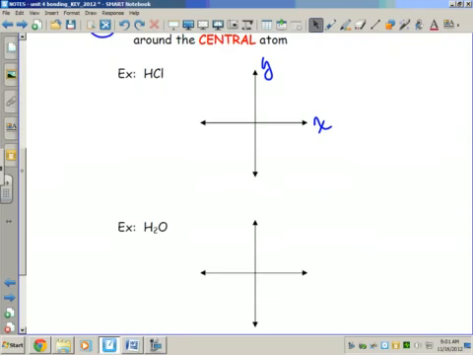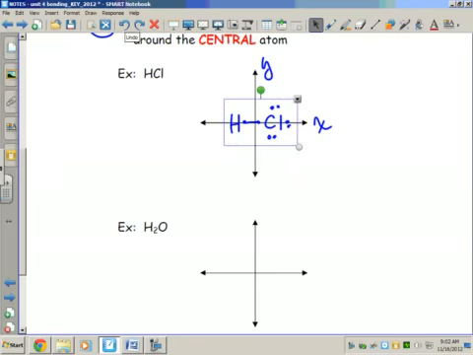All right, so we'll lay this out. Let's start with an example, something concrete. And we're going to draw the Lewis structure for HCl. Here's our bond. As you can see, this doesn't pass the mirror test. I can't flip it and get the same thing.